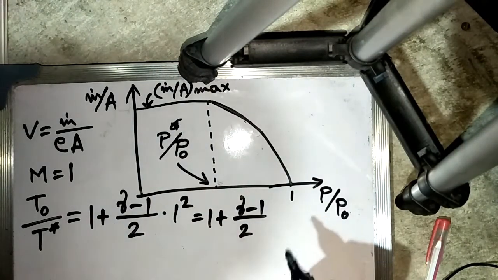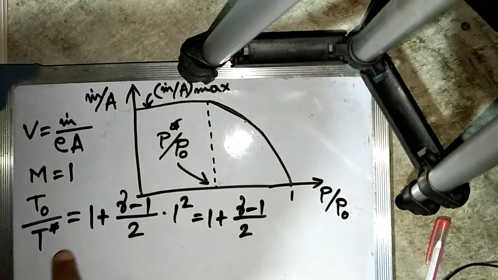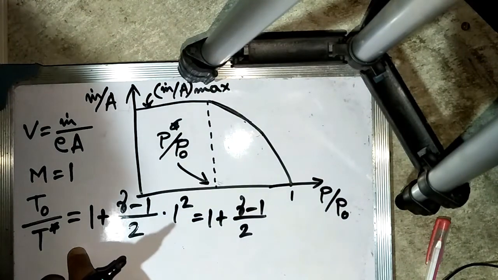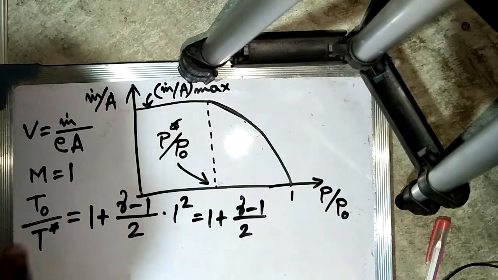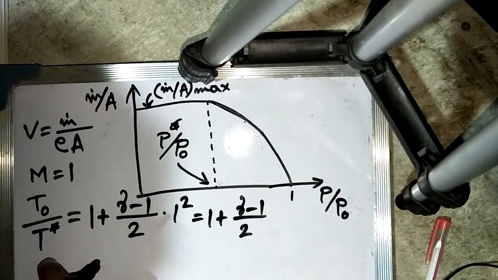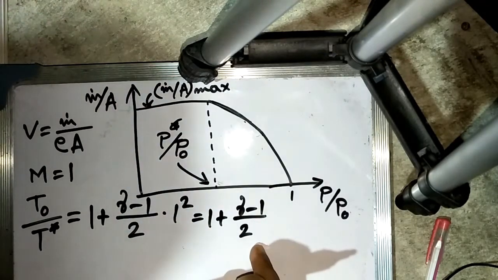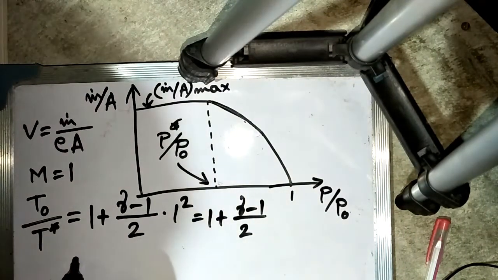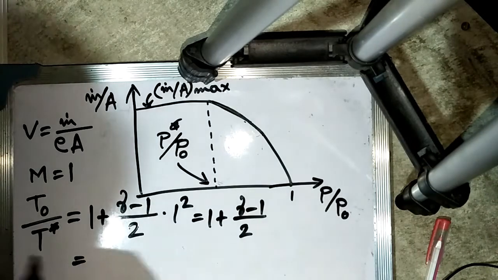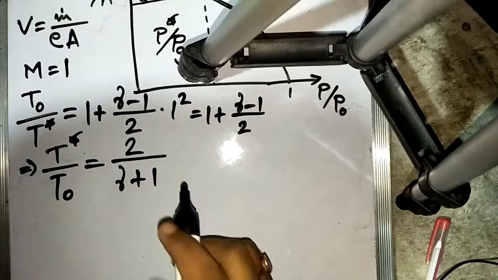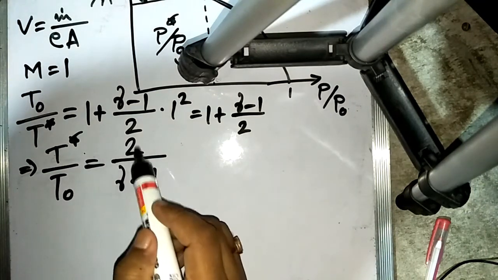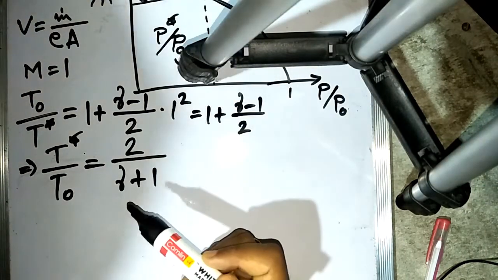By simplifying again we get T star by T0 equals 2 by gamma plus 1.